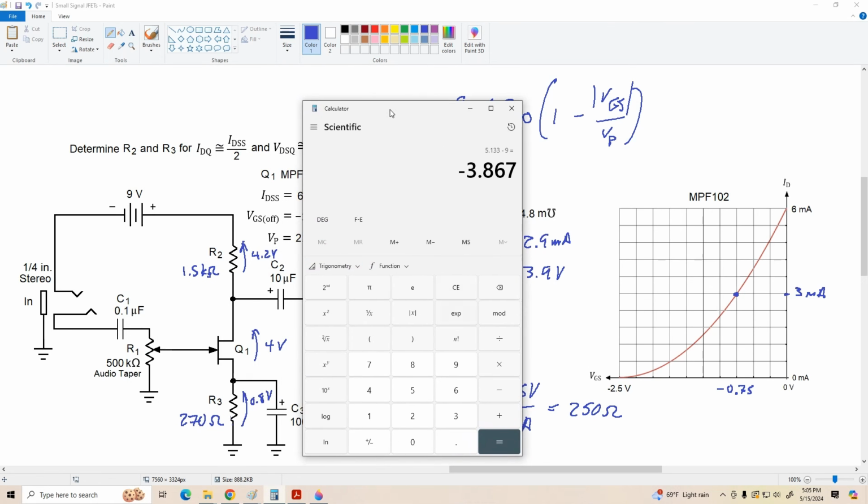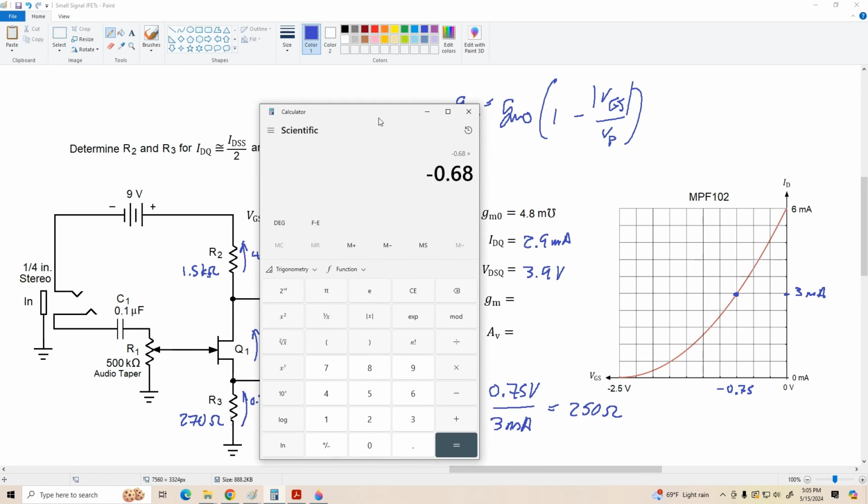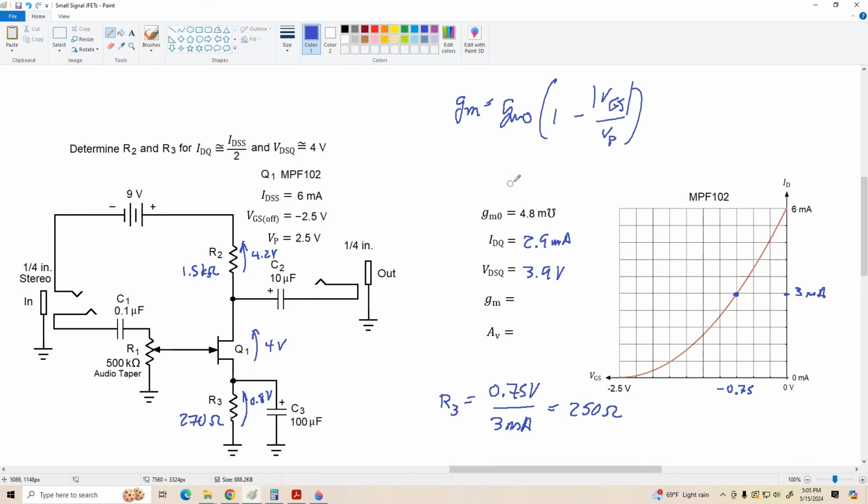VGS is 0.8 divided by VGS off, or VP, 2.5, minus 1, times our GMO, which was 4.8. So we've got a GM of, let's call it 3.3 millimhos.